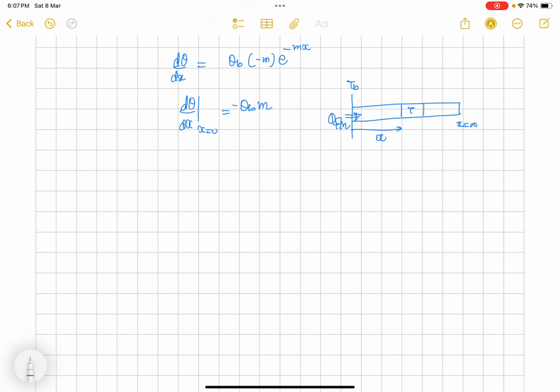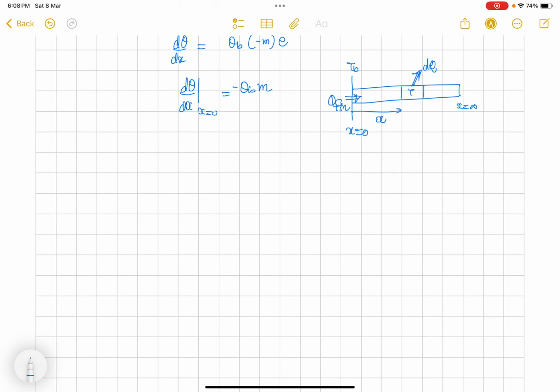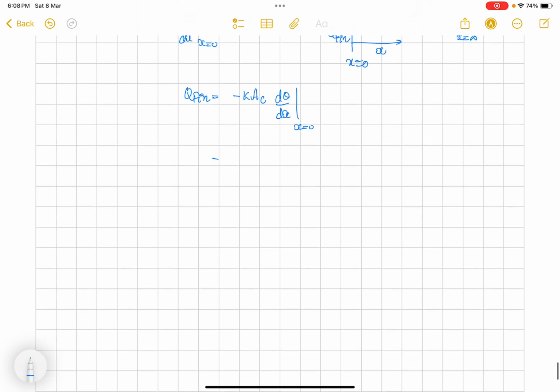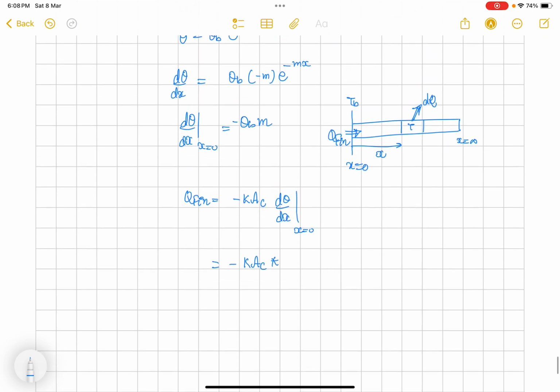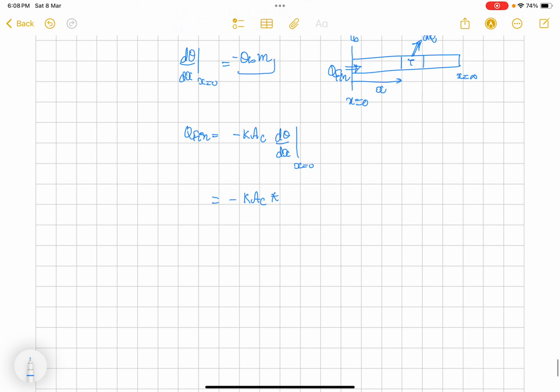This is x equal to infinity, this is x equal to 0, so that is Q. So the fin heat transfer we can write as minus k times A c times d theta by dx at x equal to 0, which is minus k times A c times minus theta b times m.